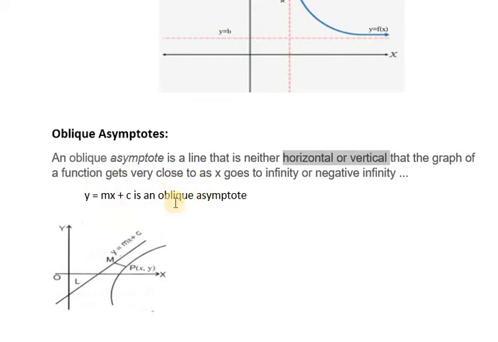It gets very close as x goes to negative infinity or positive infinity. Vice versa also, as y goes to infinity or negative infinity, it never touches the line y is equal to mx plus c. It is very close to this curve, but it never touches. So that is called an oblique asymptote.